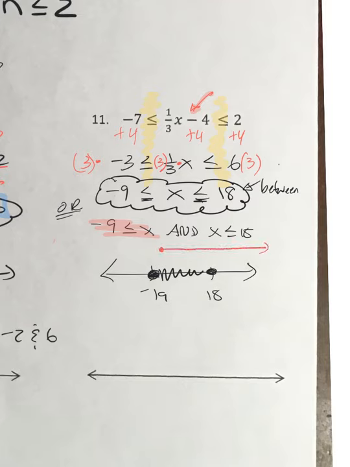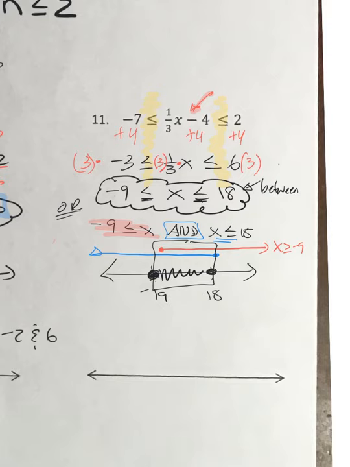And then all the numbers that are less than or equal to 18 would be from here, forever and ever. And because this is an and, we're looking for what numbers will work for both, that are both colors. And wouldn't that be right here where they overlap? So they overlap in between.